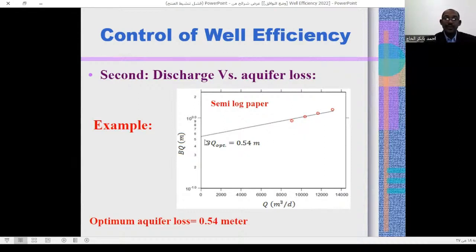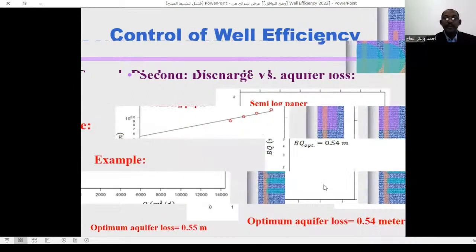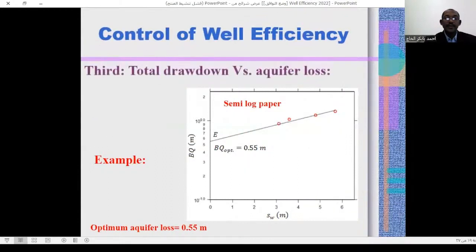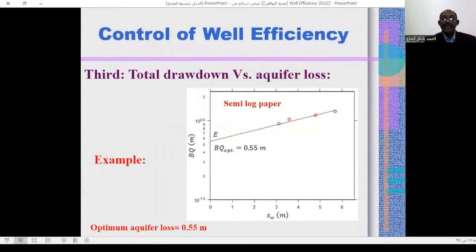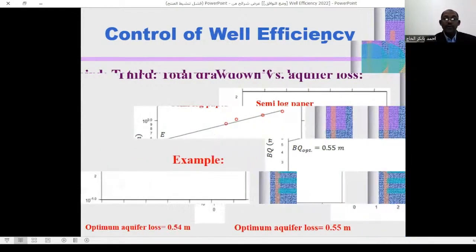At this cross point, estimate the optimum aquifer loss equal 0.54 meter. Third method: total drawdown against aquifer loss. Also the same value of the optimum aquifer loss.